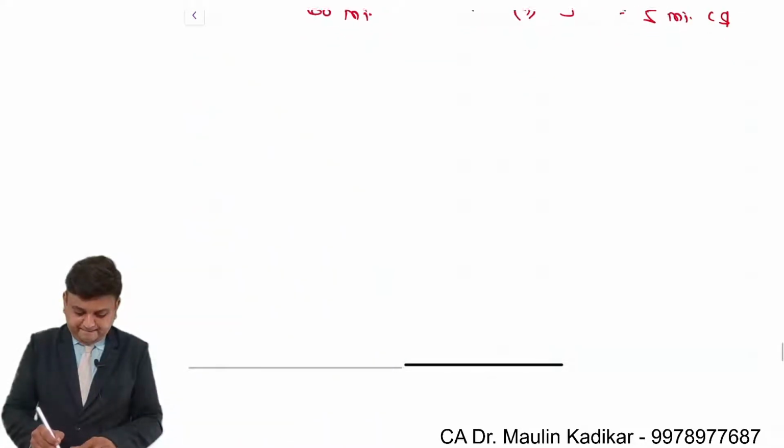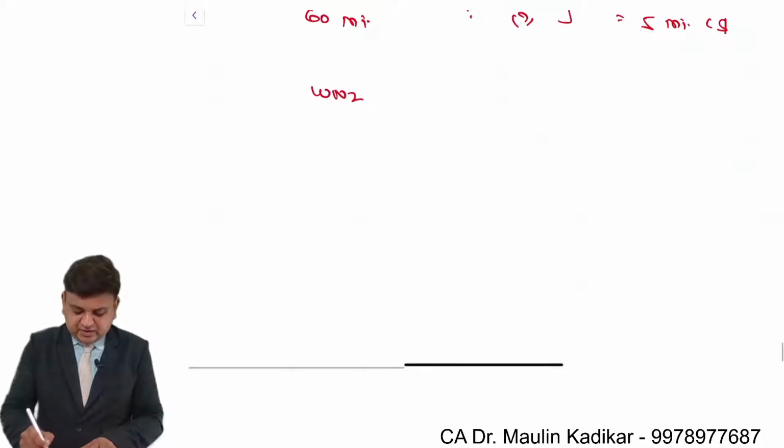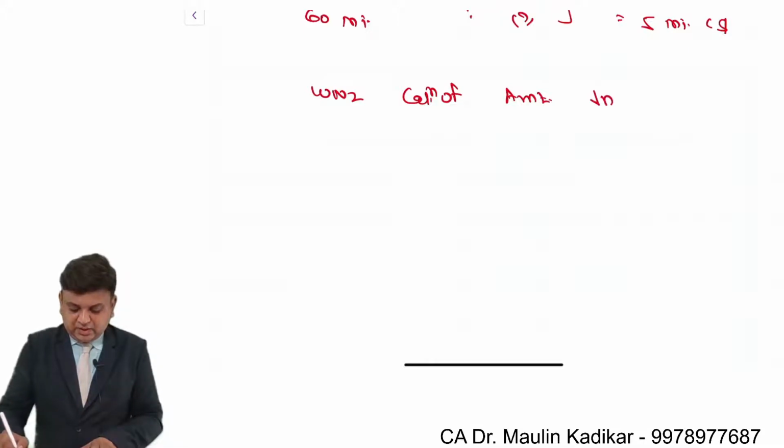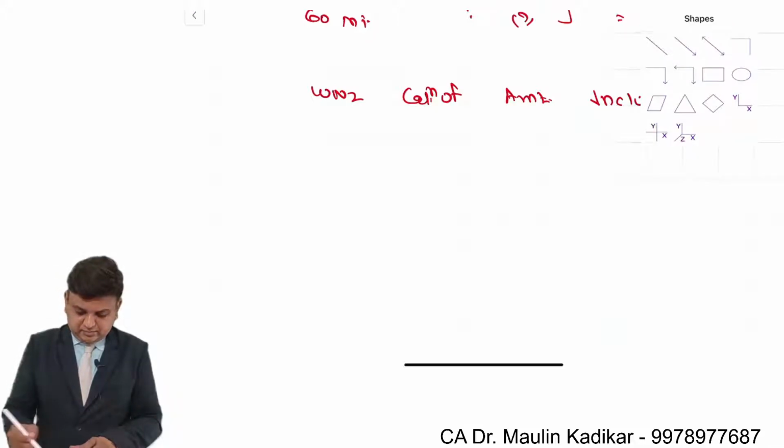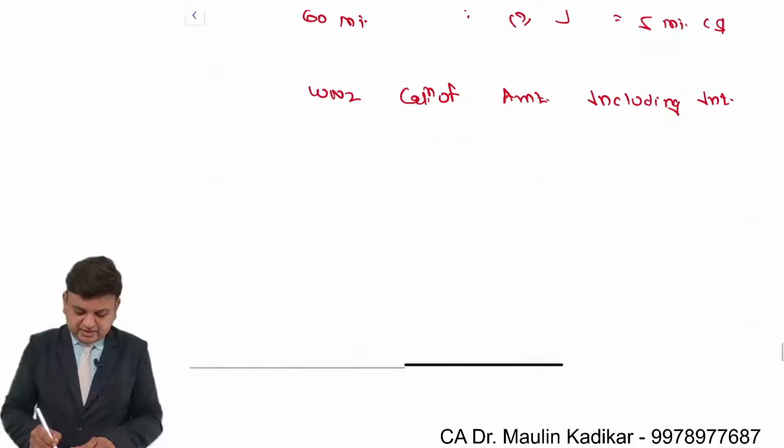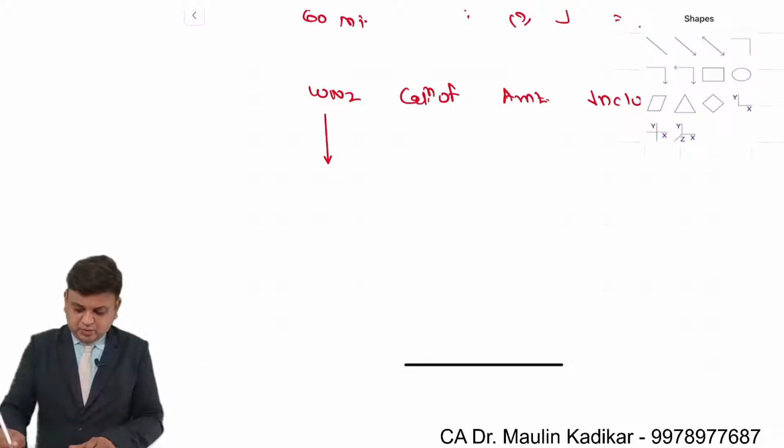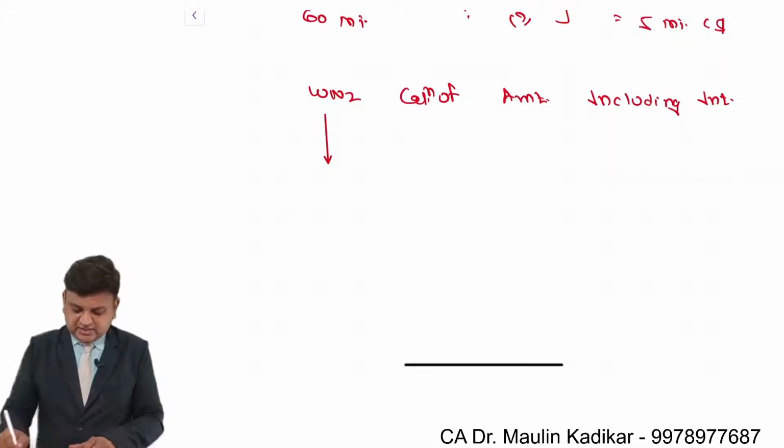Then working note number 2, calculation of the amount including interest. There are two things: one is XYZ mark and another is Canadian dollar.